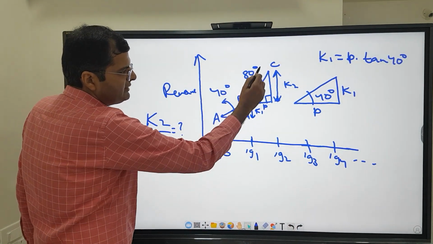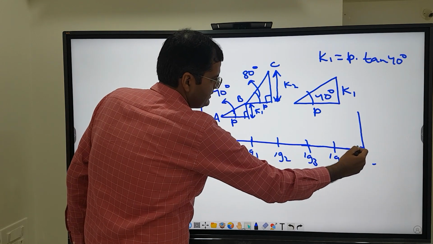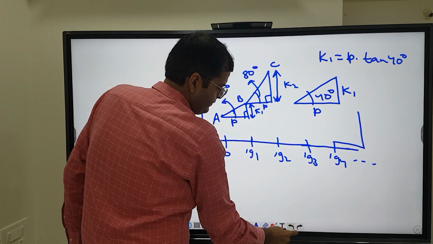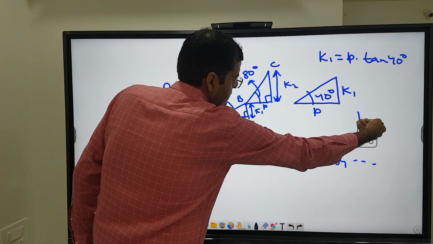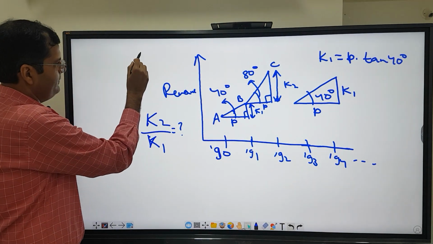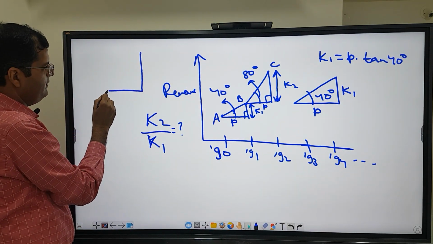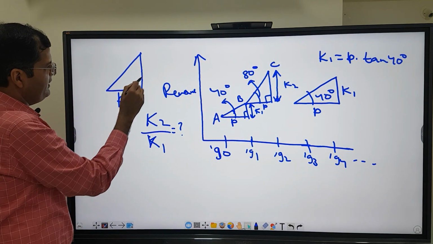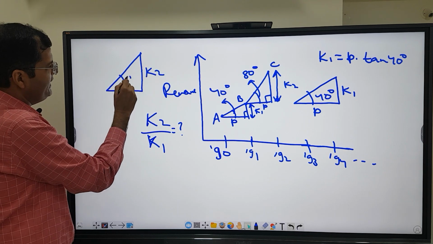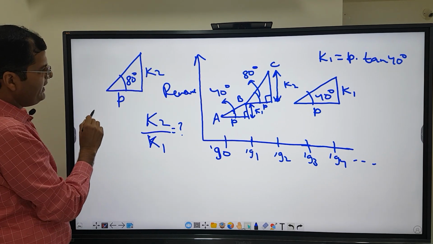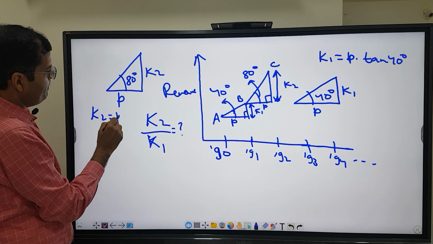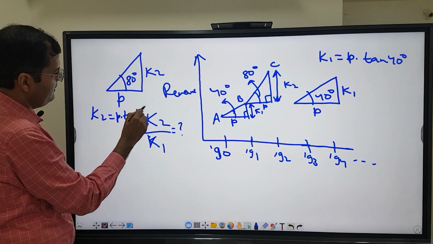Alright, now we'll look at the other triangle, the bigger one. Let me draw this other triangle here. This is again P and this is K2, but this is 80 degree. So from here I can write K2 is equal to P into tan 80 degree.